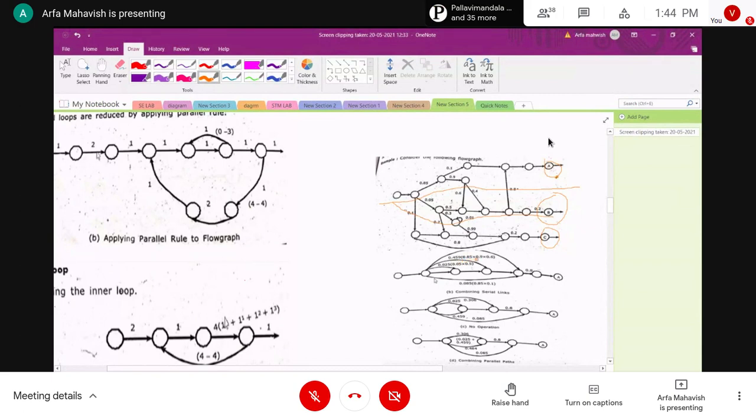That is 0.05 into 0.9 into 0.6, and 0.025 from 0.05 into 0.5. So we are getting this from case A while combining the serial links.